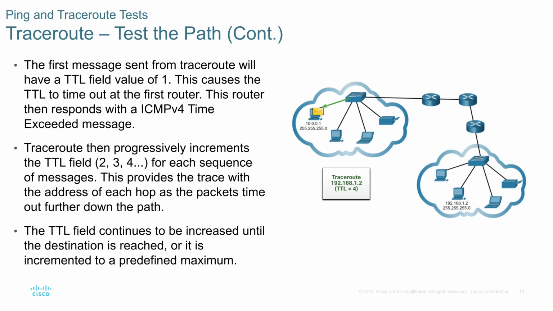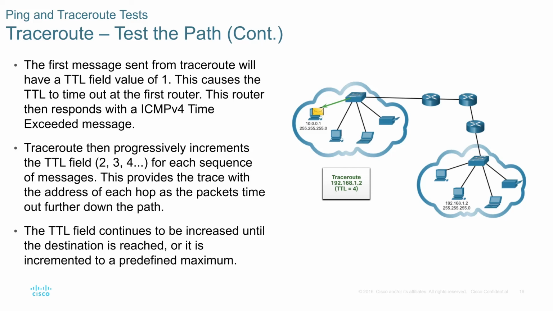The first message that is sent from traceroute will have a time to live field value of 1. This will cause the time to live to time out at the first router, and this router then responds with the ICMPv4 time exceeded message.